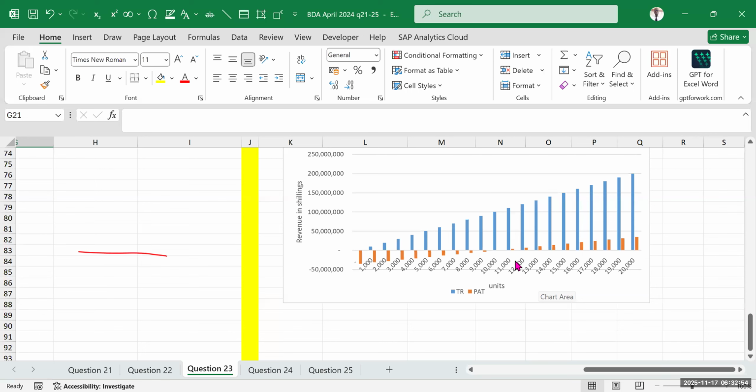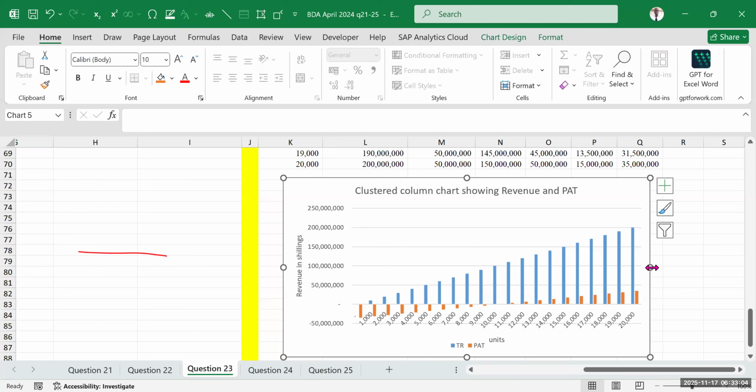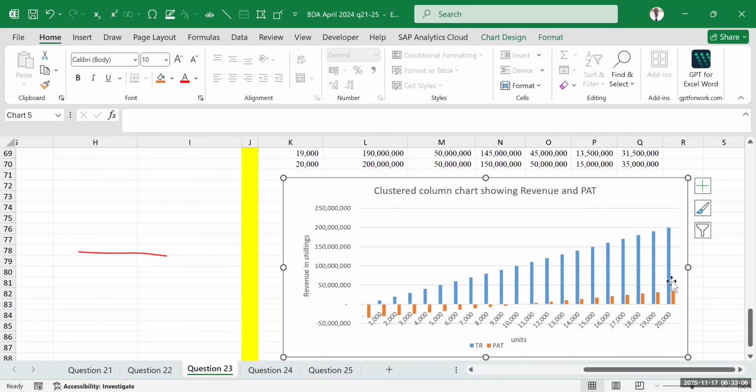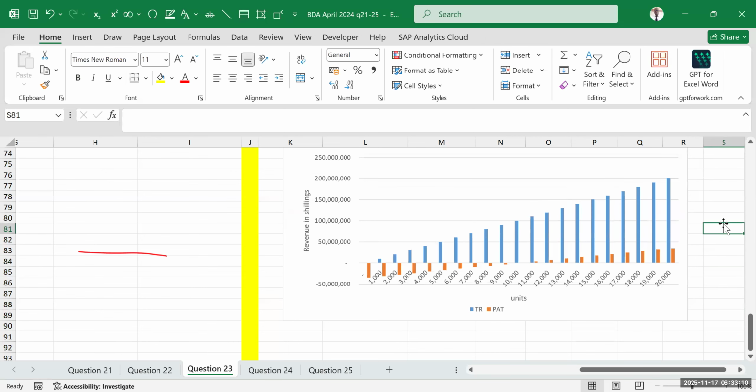Justify. Because as far as I'm concerned, my x-axis is units and y is the revenue. So justify why you think the way you think. Are you able to justify, Winnie?